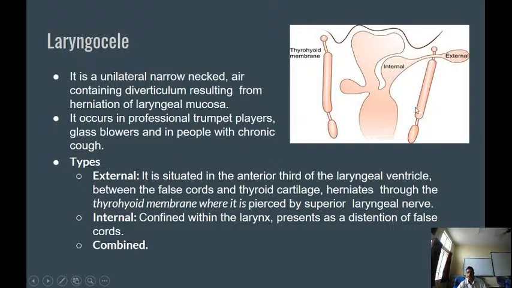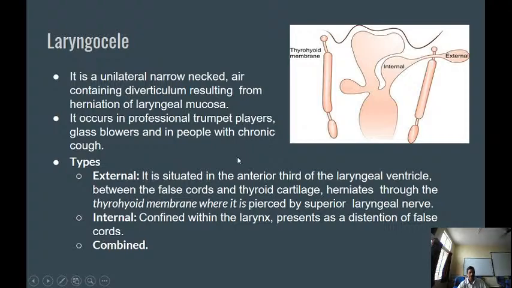This is the thyroid ala, thyroid cartilage, and as long as it is internal to the thyroid cartilage, it is called internal laryngocele. And once it goes through, this is the hyoid bone and this is the thyroid cartilage, so this is called the thyrohyoid membrane, through which it goes into the neck, that is called external laryngocele.